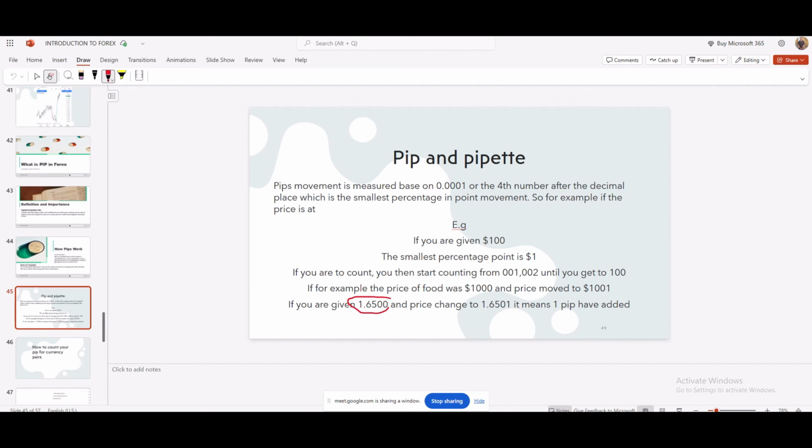So now this is the price here. The price is at 1.6500, and then the price moved from 1.6500 to 1.6501. Now this last digit that was added to it is what is called a pip. A pip is the smallest amount, or the smallest percentage point, that the market moved. That is what a pip is called.